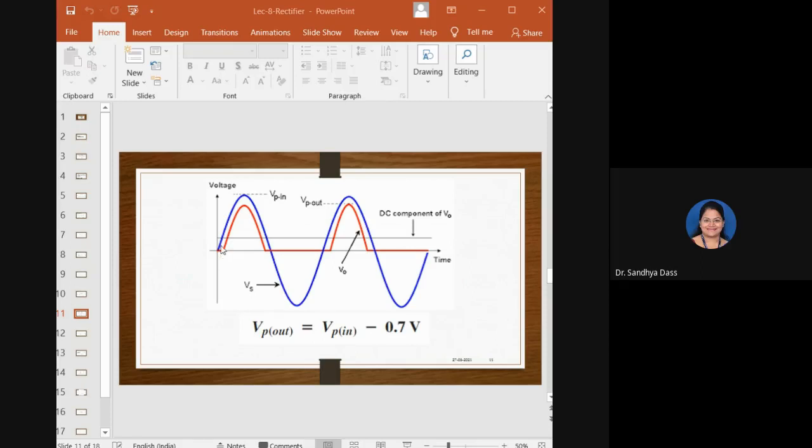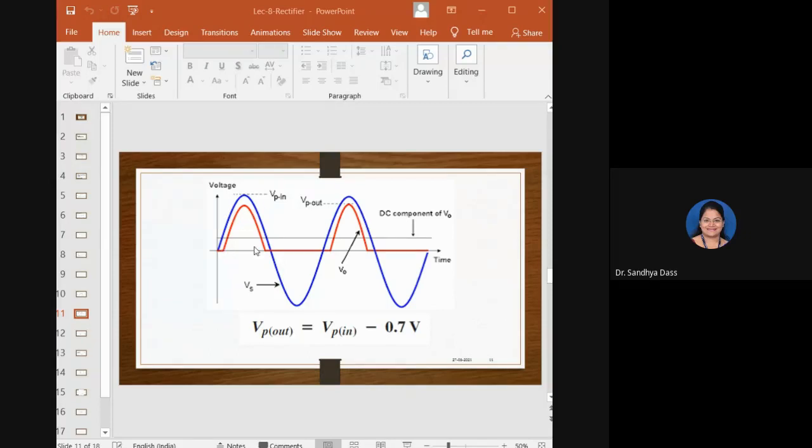When the input voltage crosses this 0.7 volts, the diode is conducting, and after that point it is nothing but a short circuit, so whatever is applied appears at the output.